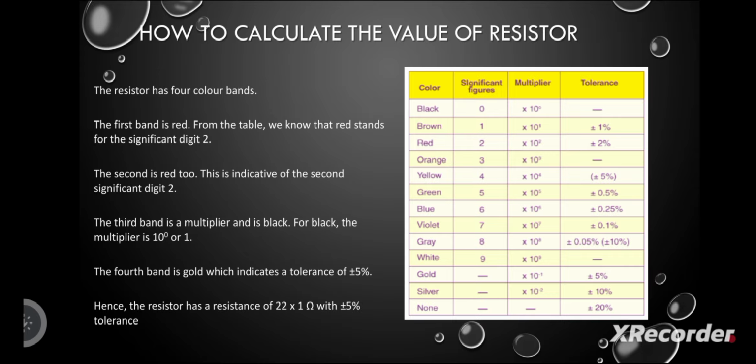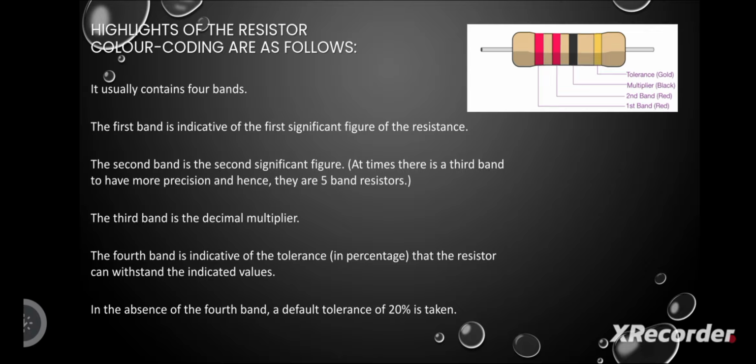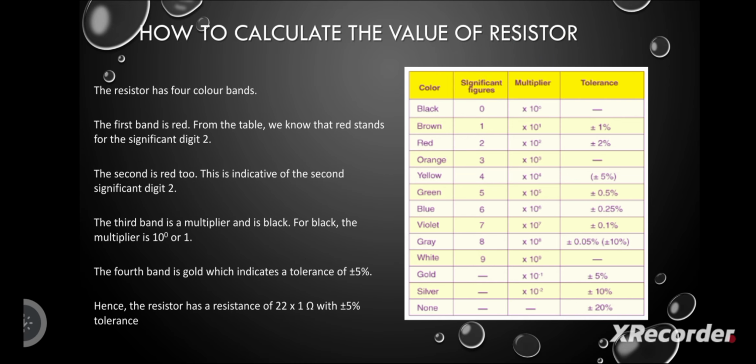So the resistor has four color bands. Let me clear this one: red, black, and gold. The first band is red.